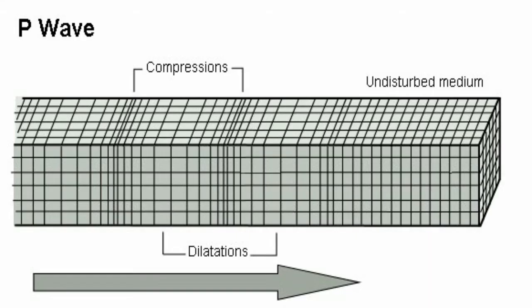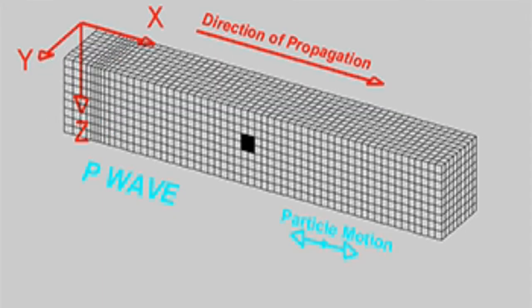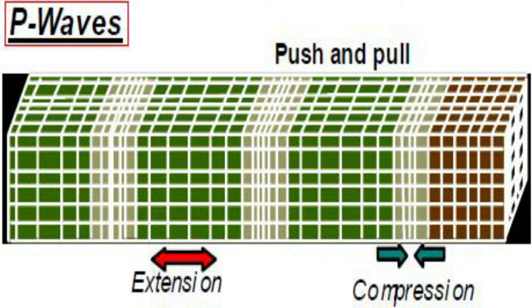Now, let us know about the movement of the P waves. The P waves vibrate parallel to the direction of the waves. It pushes and pulls the rock. It moves through just like the sound waves push and pull the air. Have you ever heard a big clap of thunder and heard the windows rattle at the same time? Why do the windows rattle?